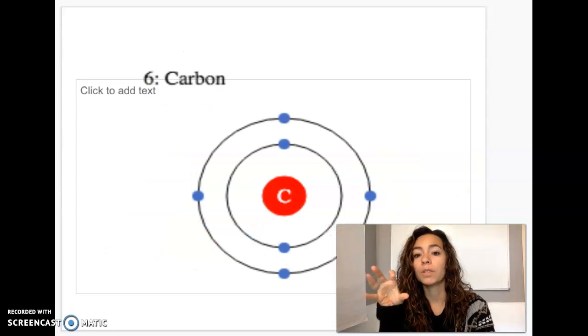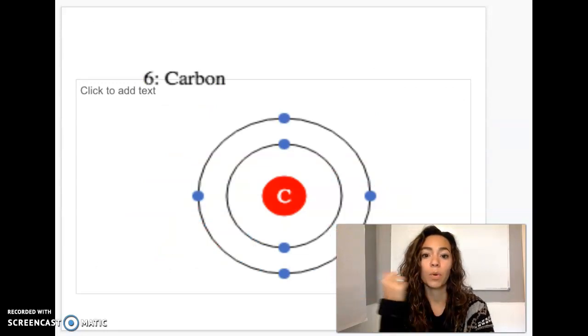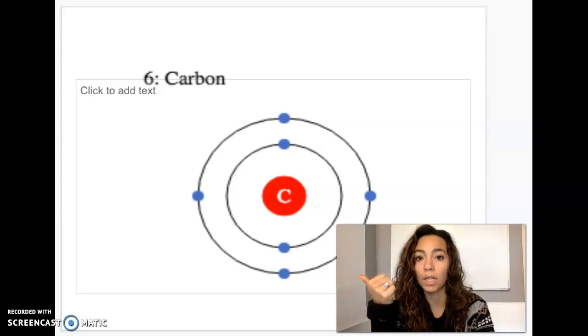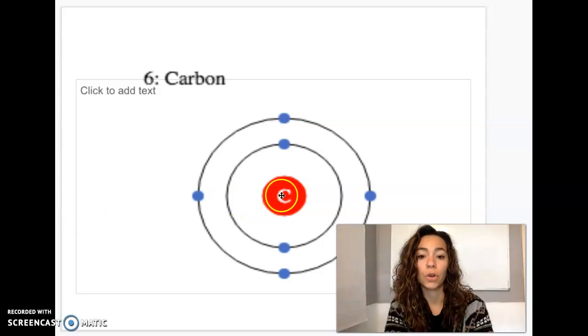Now, before we start looking at each of those molecules, it's important to recognize that they all share a common structural component, which is carbon in their structures. So if you see here, remember we learned how to draw these electron configurations. Carbon has an atomic number of 6, so that means it has 6 electrons, 2 in the inner orbital and 4 in the second orbital.